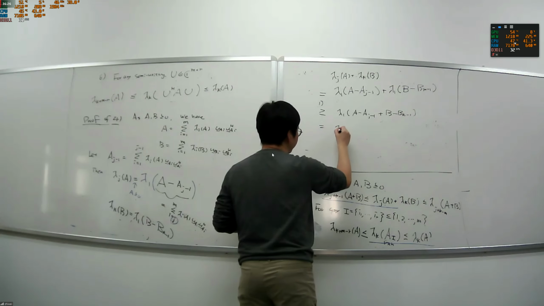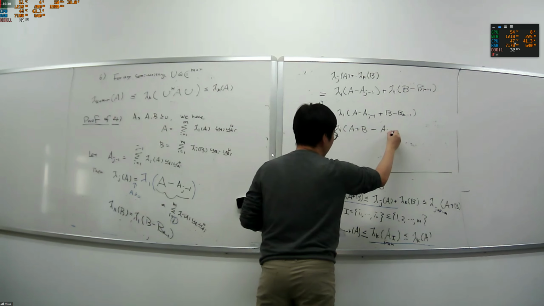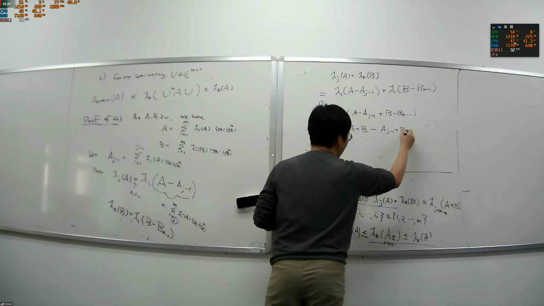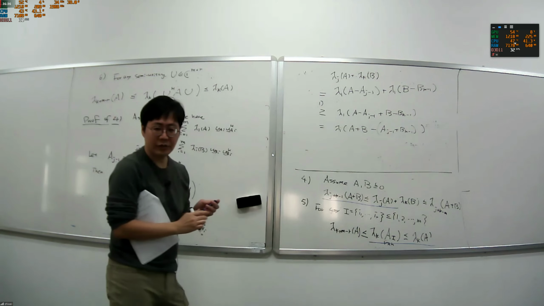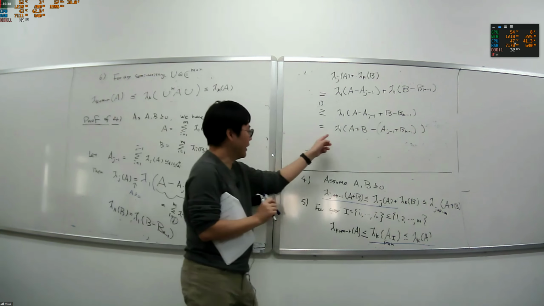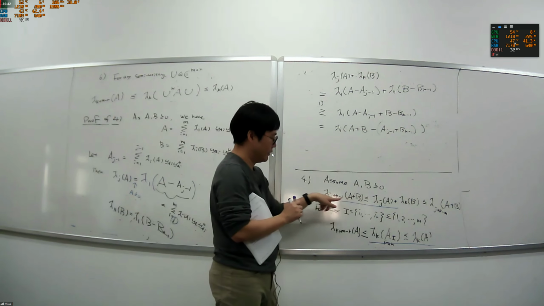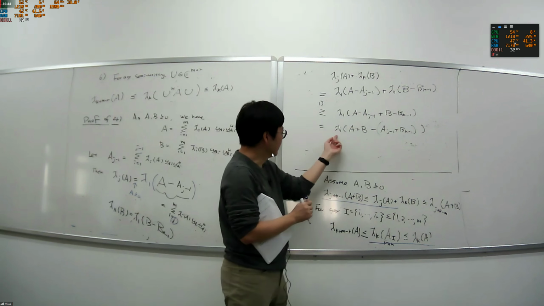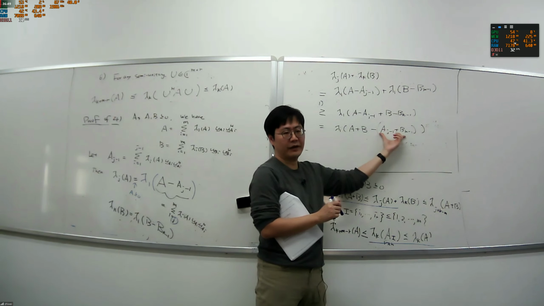Right, and now you put A and B together, and put these two together. And this is A plus B, right? Because here we want to prove this. This is A plus B perturbed by a matrix.